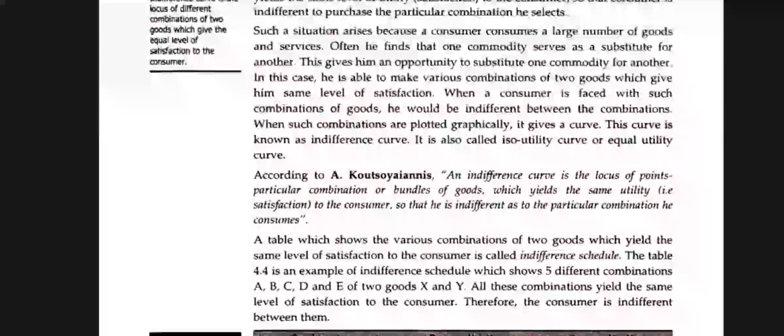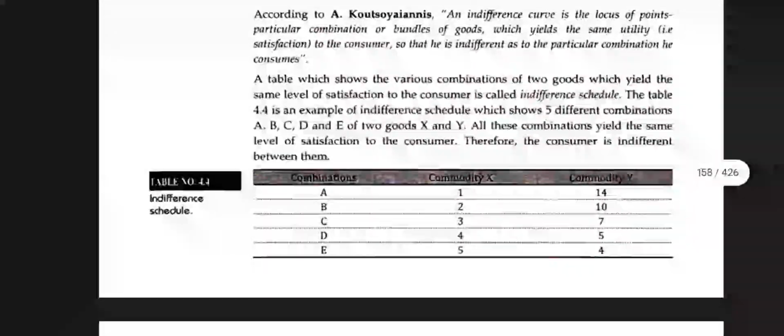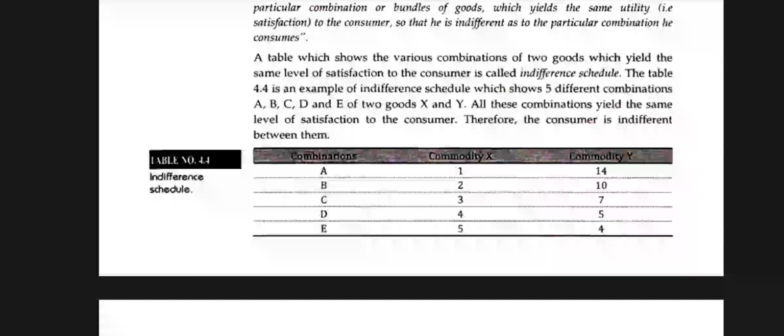So we can say that an IC is constructed by taking the utility level constant. So different ICs mean different levels of utility for the same consumer.